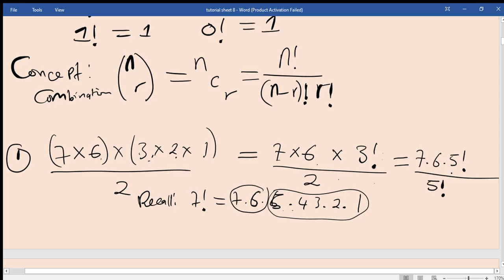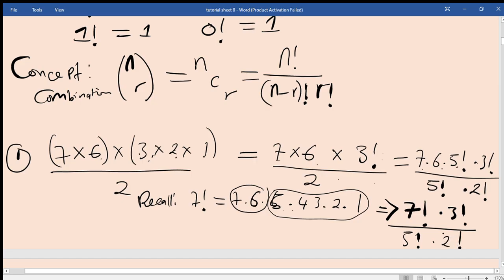This is 3 factorial multiplied by that, and then we have a 2 factorial, as 2 is the same as saying 2 factorial. So with this information, I'm going to have 7 times 6 times 5 factorial, which can be written as 7 factorial multiplied by 3 factorial over 5 factorial multiplied by 2 factorial, and you are done.